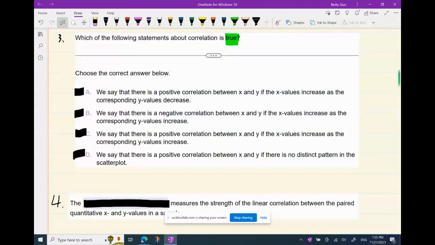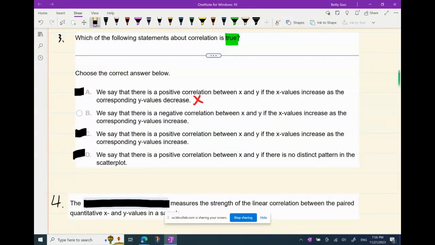Oh, that's not positive, that's negative, so this is wrong. B, we say that there is a negative correlation if x increases as y increases.